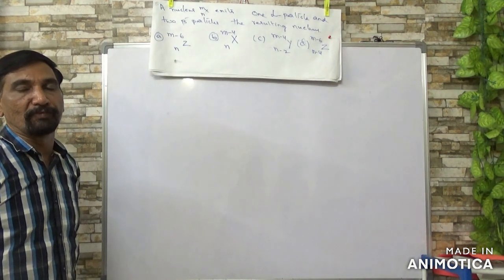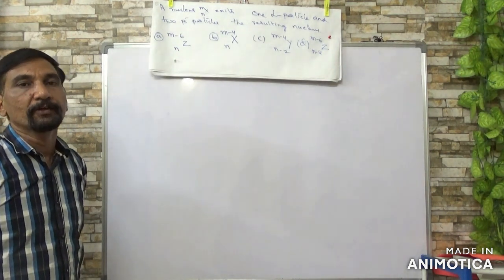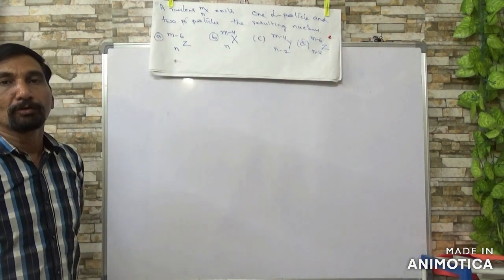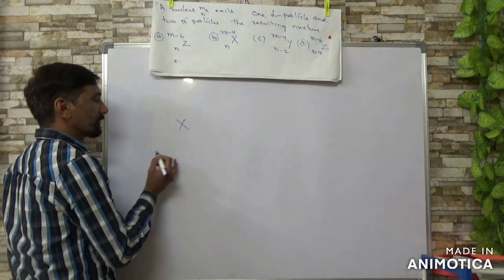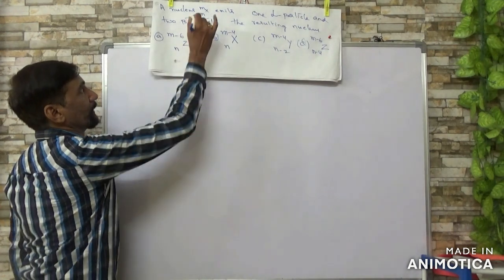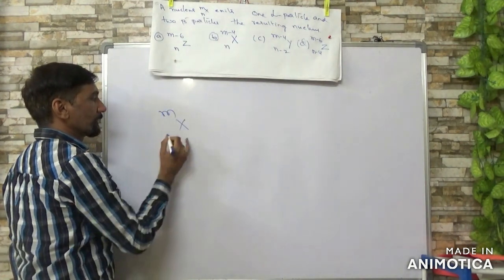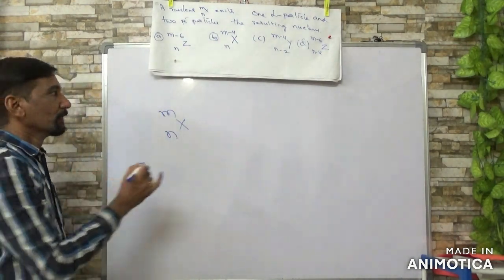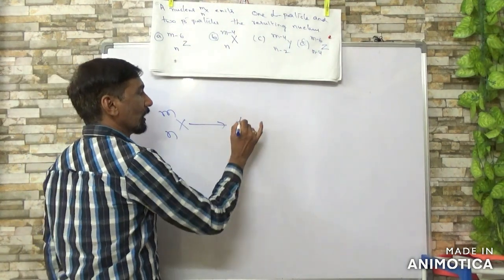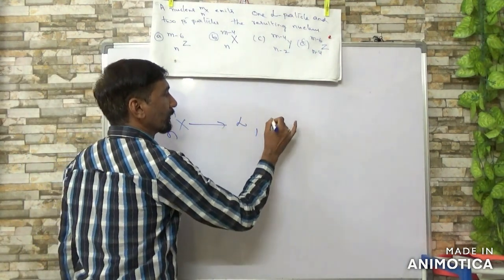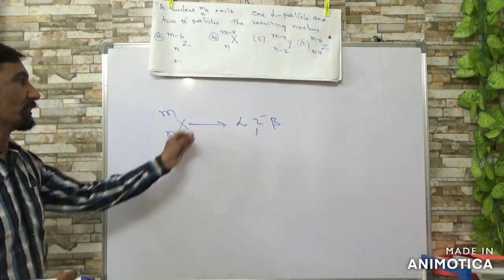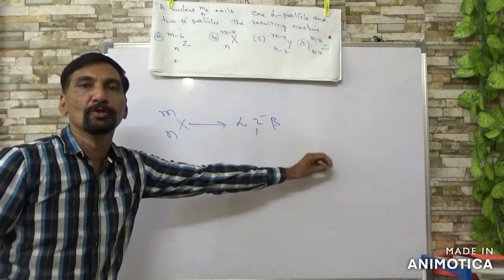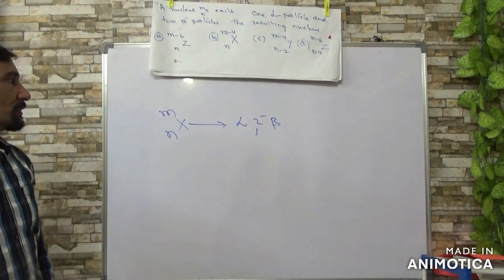Now about the decay model. Based on alpha decay, beta decay or gamma decay, you will be given one question in the competitive exams. In this problem, there is one element with mass number m and atomic number n. It emitted an alpha particle and 2 negative beta decays. After emitting these particles, you want to know the nucleus.